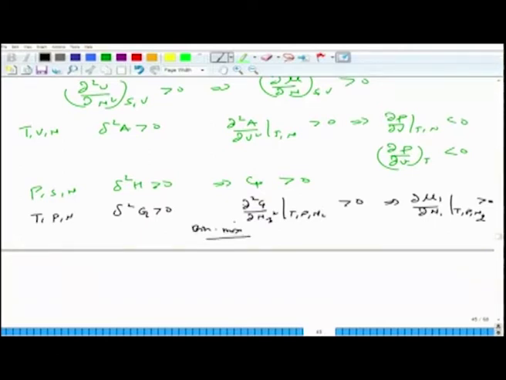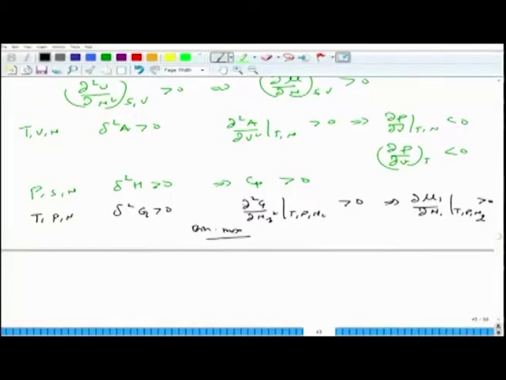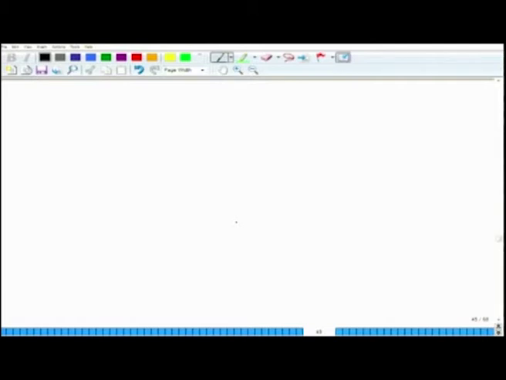So these are the analyses you can do in order to find out the variables for the stability, and this is extremely useful for calculating the phase equilibrium for mixtures. You will be using this information to find out which region is the stable region and which region is the unstable region. Now I will try to ask a question here with an example.